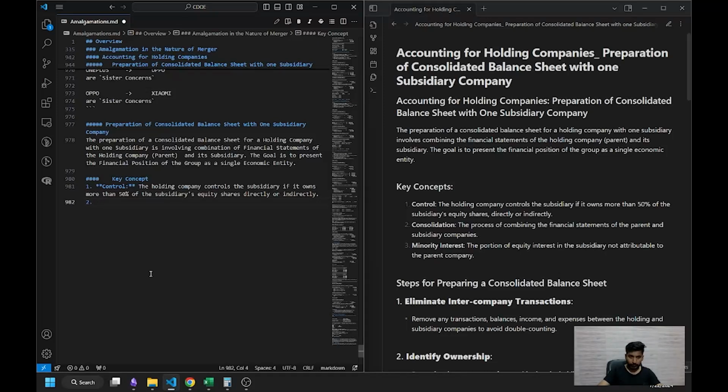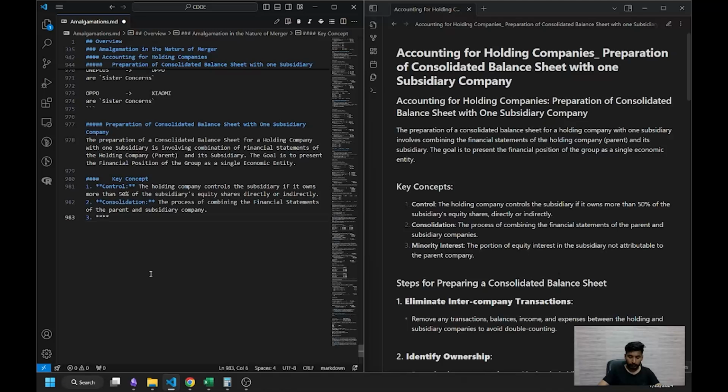The second point is consolidation. Consolidation is the process of combining the financial statements of the parent and subsidiary company.